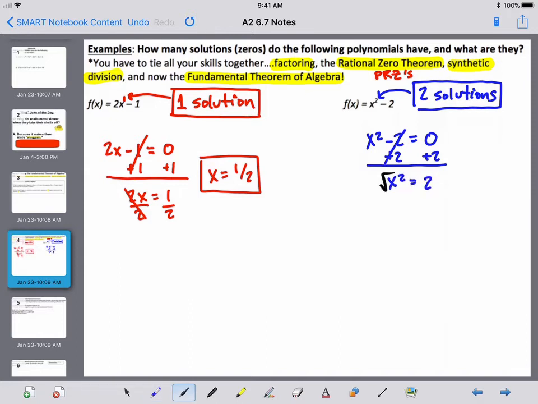And if I square root the left and the right, I'll get my two solutions of positive or negative square root of 2. So it looks like one solution, but remember this positive negative symbol gives me those two solutions that I'm looking for.